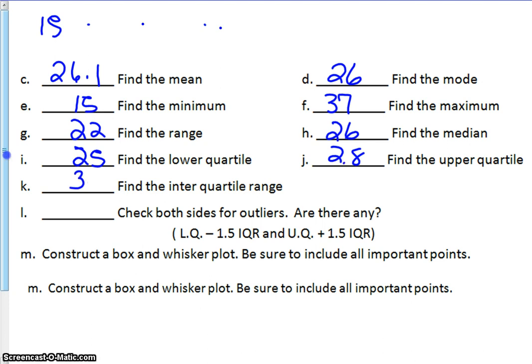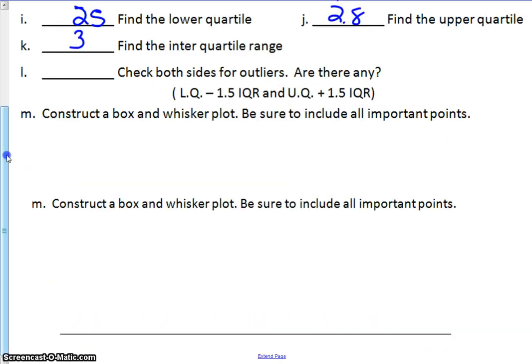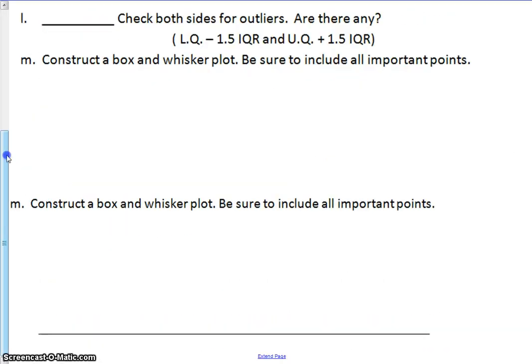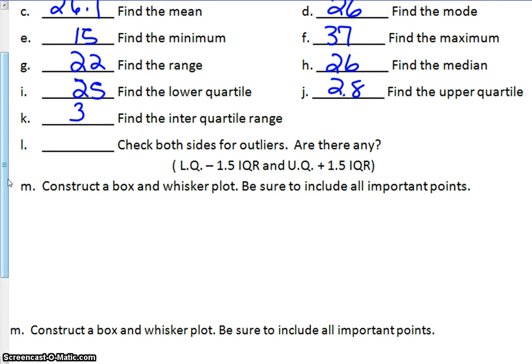And then when I checked for outliers, let's talk about this. We can kind of ignore this part right here right now. Checking for outliers, you look at the lower quartile. Our lower quartile here was 25.